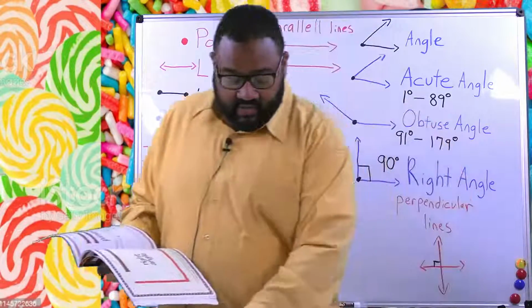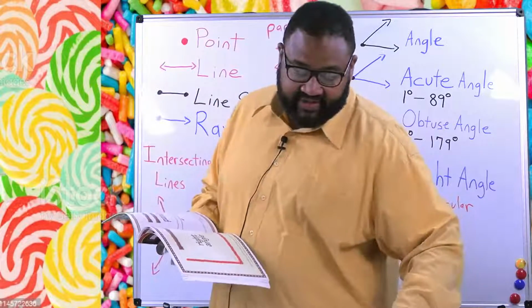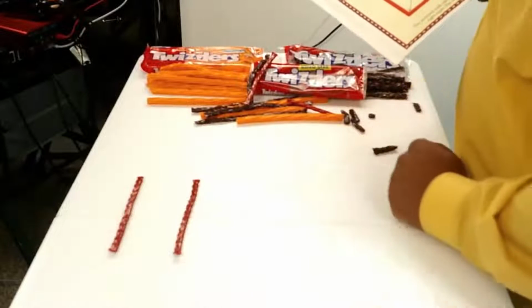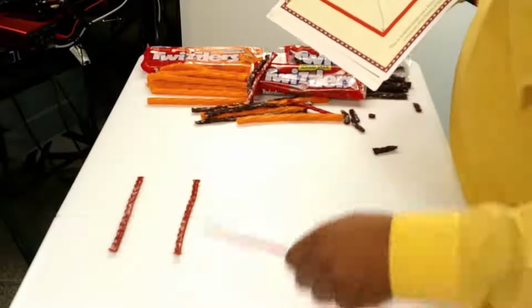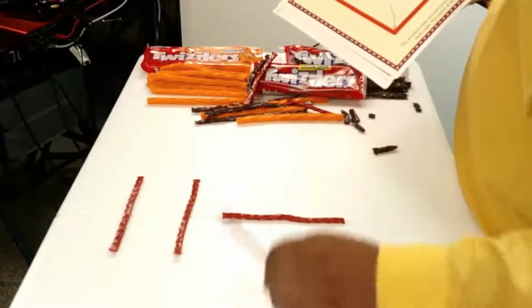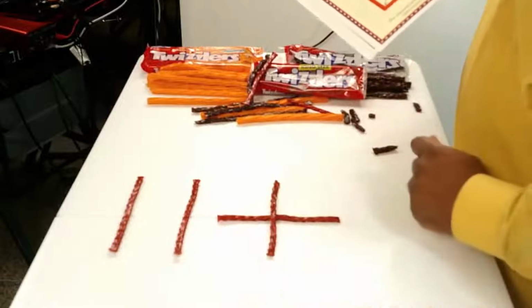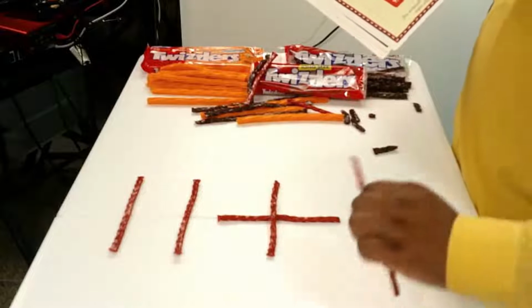Now, we want to talk about some other lines. I told you before, this represents our line. Now, one set of lines that we want to talk about are going to be parallel. Another type of lines that we want to talk about is going to be perpendicular lines.